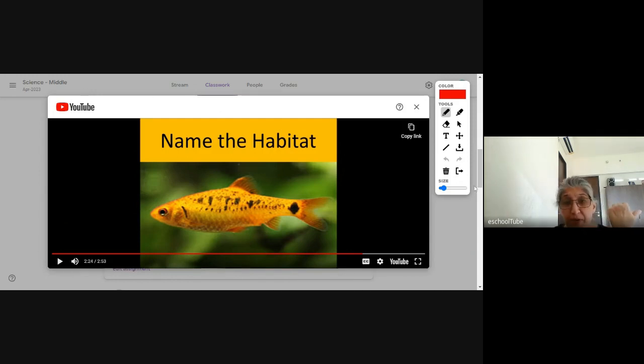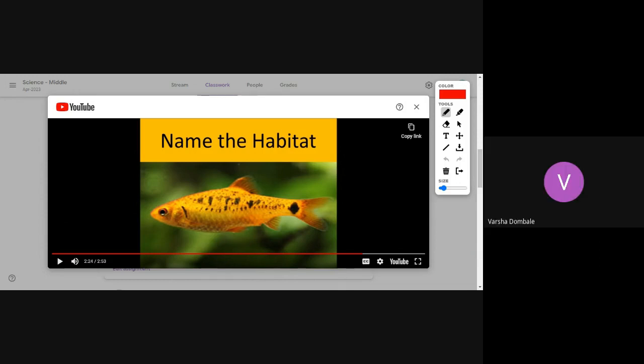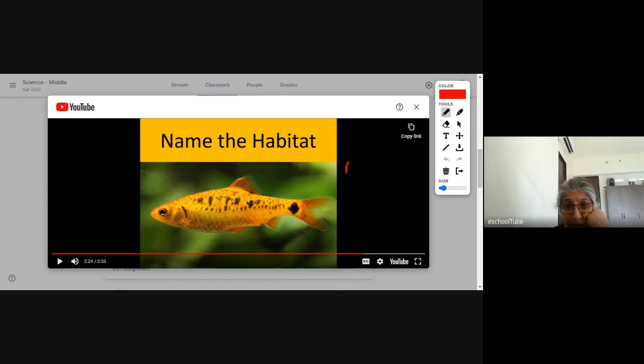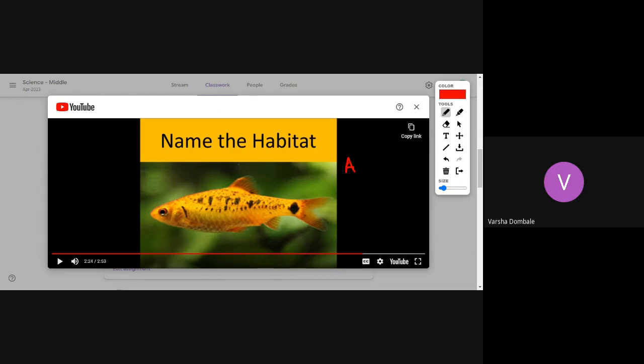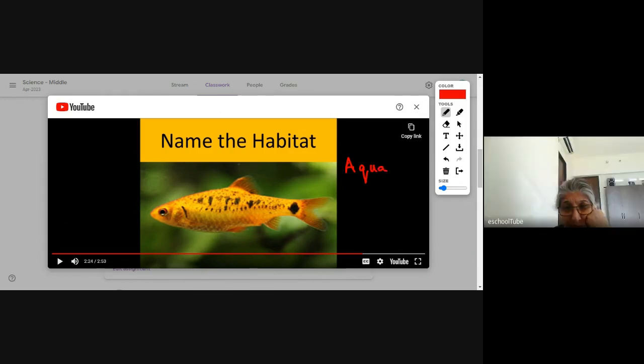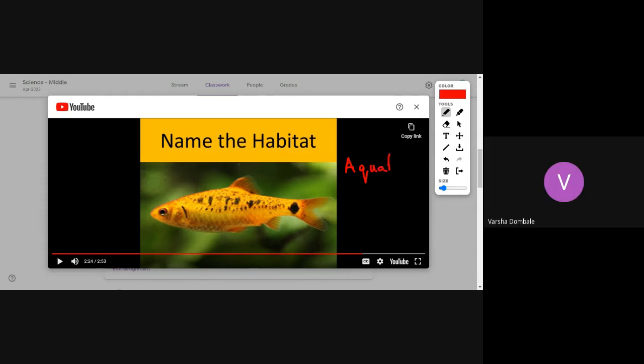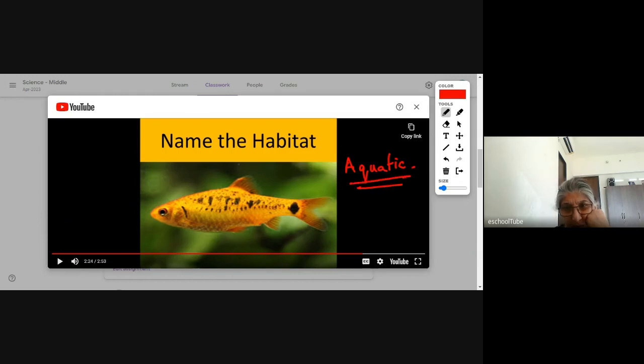Harshal, what is the habitat for this animal? Aquatic. Spelling? A-Q-U-A-T-I-C. Very good. Aquatic. Good. Write these down, Asad, please. You joined the class late, so it's okay if you don't know, but write all these things down.